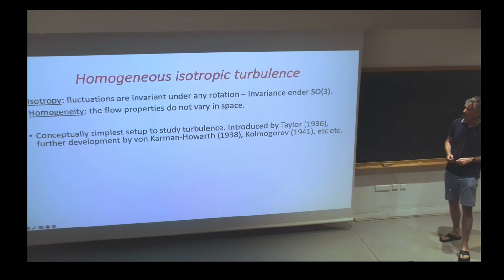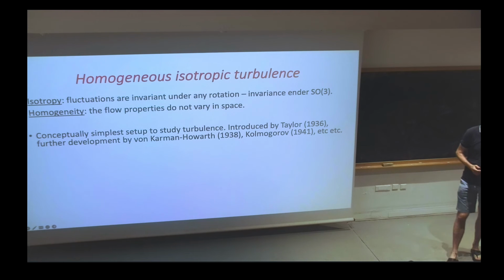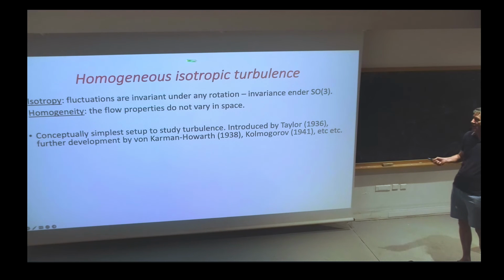So another tidbit of information that I will give is what sort of flow we are thinking of. One way to address these problems of high Reynolds number flow, turbulence, is to think of what is called homogeneous isotropic turbulence.